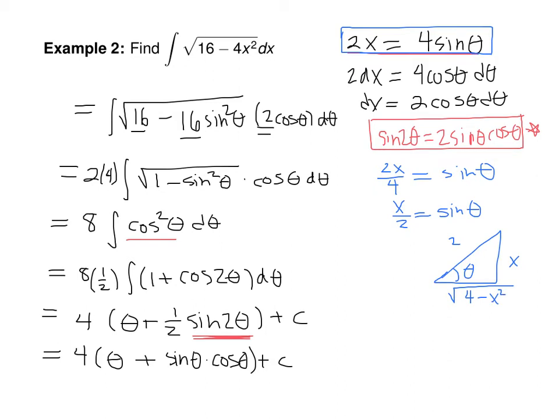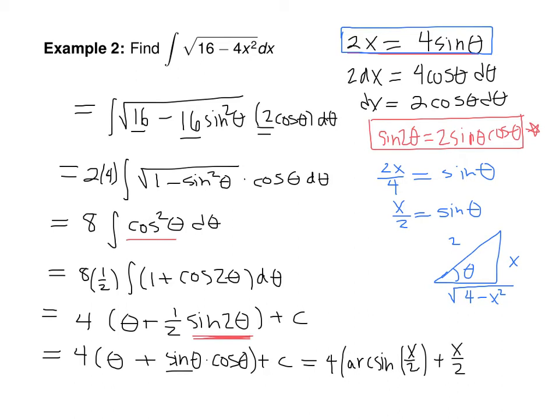Now, since x over 2 is sine theta, we know that theta is the arcsine of x over 2. So I have 4 times the arcsine of x over 2, and sine of theta is x over 2.